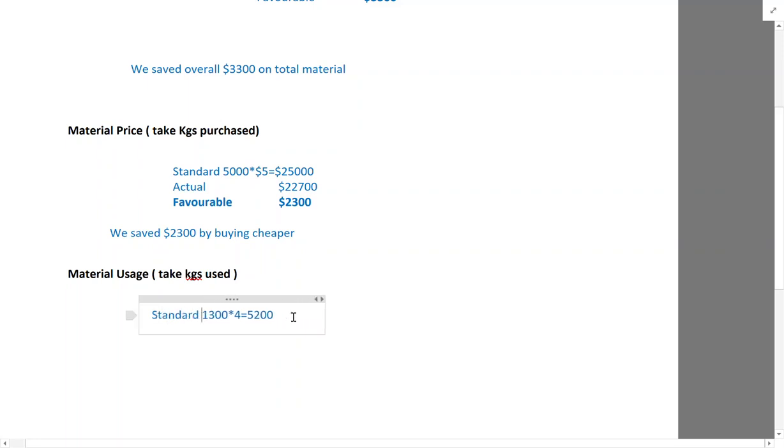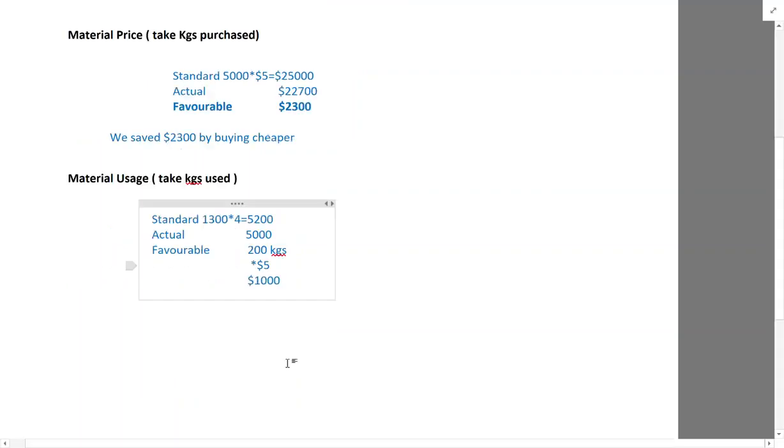4 kgs each. So according to standard, we should have used 5,200 kgs, but actually we used 5,000 kgs, which is favorable 200 kgs. Now this is kgs. If I multiply it by price, which is 5, it gives me 1,000.